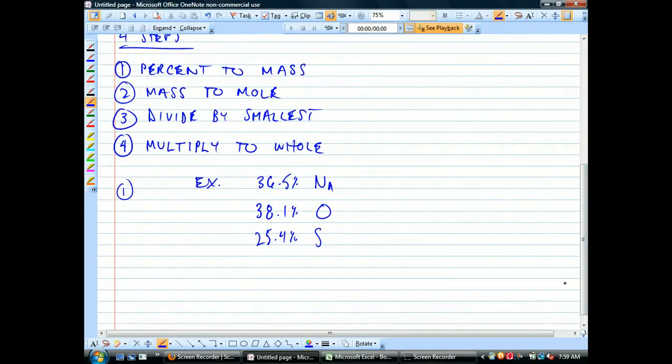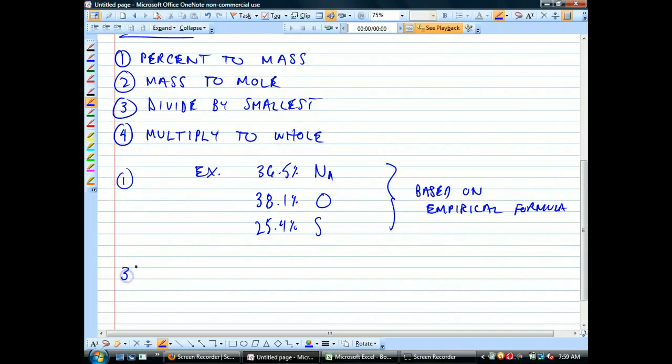Now, the reason this is called an empirical formula, empirical just means experimental. This is based on experimental analysis, just like you just did. So you could do an experiment similar to what you just did, and you get some data. And then from that empirical experimental data, you find the formula. So this is called an empirical formula.